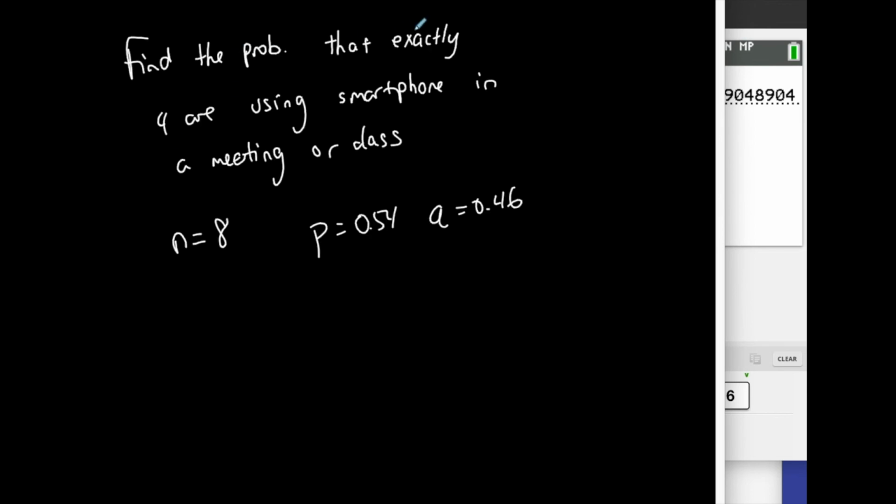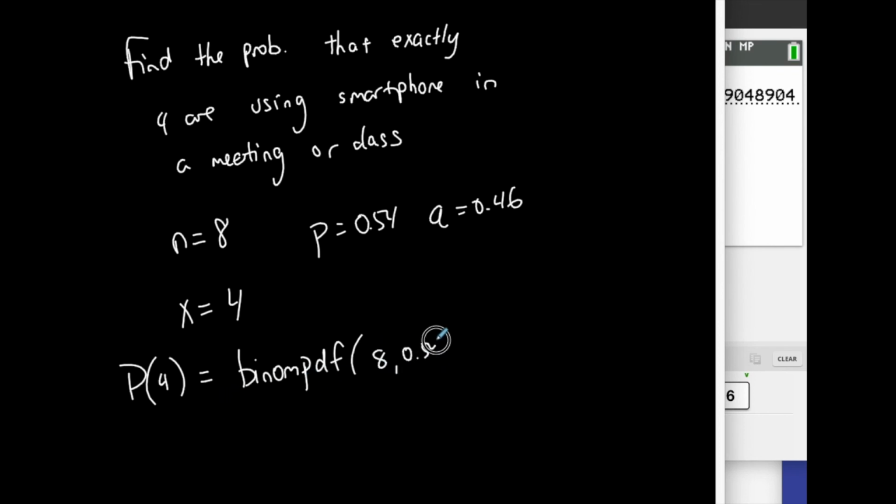Now I want the probability that exactly 4 of them are using their smartphones in a meeting or class. So now your x changes to 4. I want P of 4. If you're dealing with the same situation, n, p, and q are not going to change. What's going to change is your x. But if I do another completely different problem, then I might change my n, p, and q. So with binomPDF, n is first, p is next, and then x.